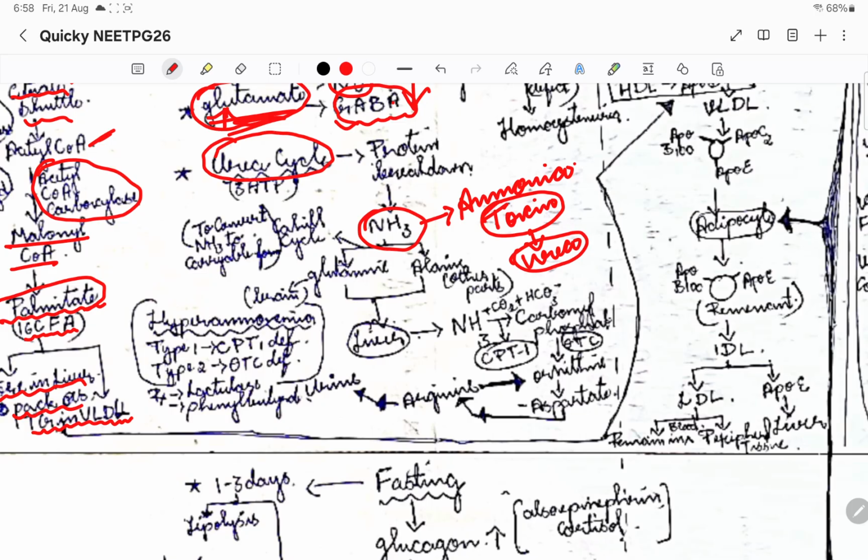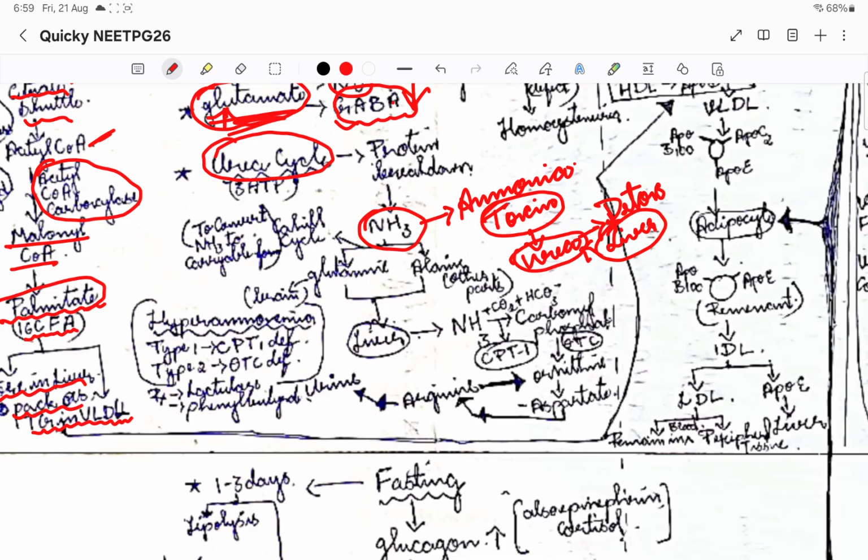That is why our body has created a cycle called the urea cycle, where the detoxifying organ, which is the liver, detoxifies. Remember, the detoxifying organ of our body is the liver. So all this ammonia will travel to the liver, where it will get converted to urea and be thrown out through the kidney and urination. This is how the entire process of the urea cycle works.